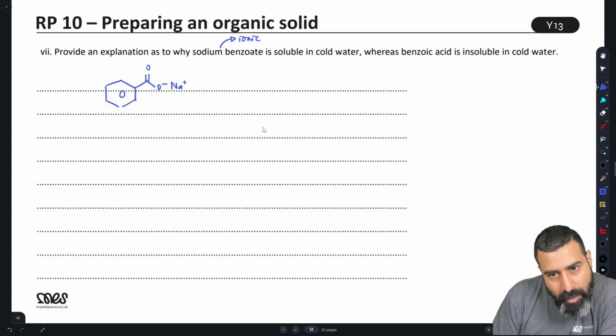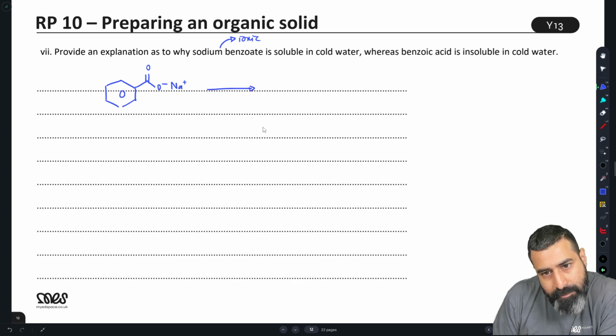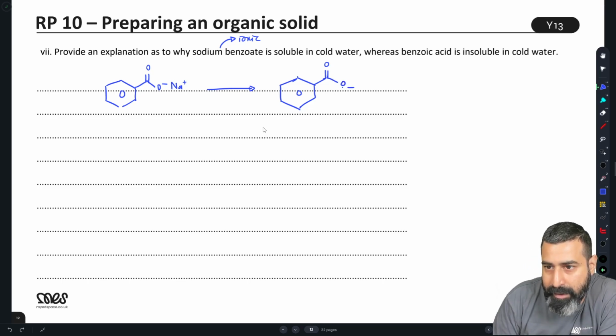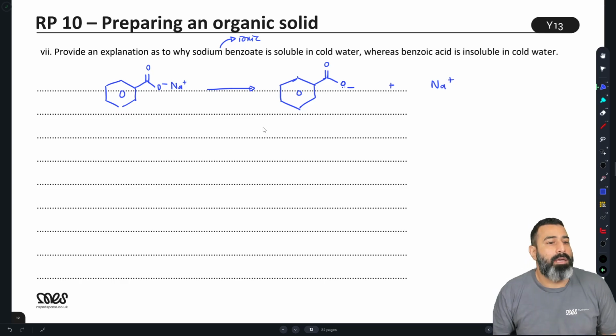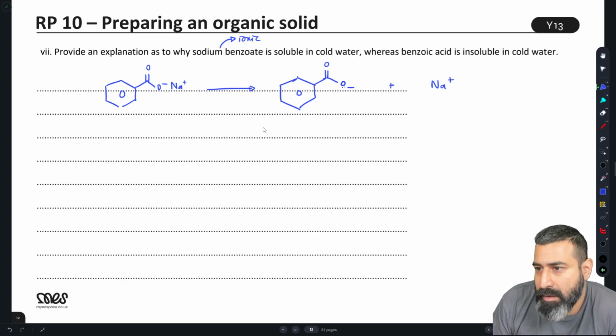So if I dunk this into water, what's going to happen? That's going to separate. And because I've got a negative charge on that oxygen, this guy is going to be surrounded by water molecules. And so is the Na. Okay, so this is ionic, therefore soluble.